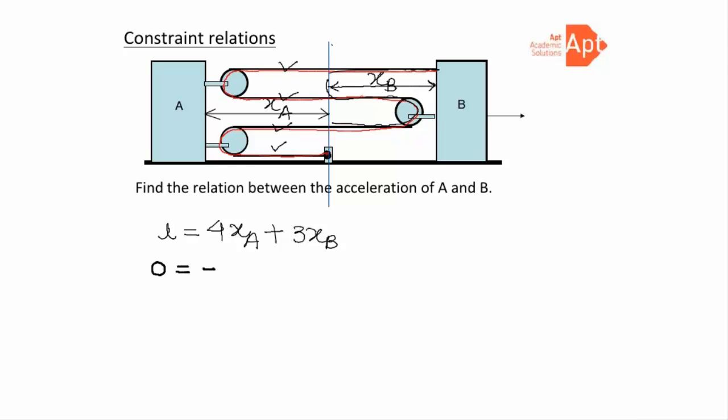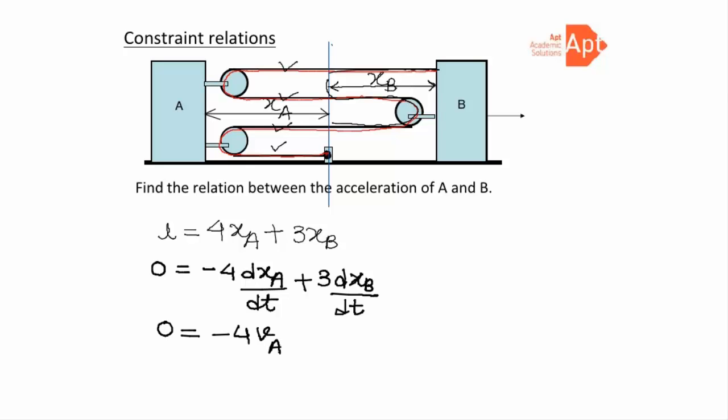So we write it as minus 4 dxa by dt plus 3 dxb by dt, or 0 is equal to minus 4 va plus 3 vb. Now once again if we differentiate, we get 3AB minus 4AA equal to 0, or the acceleration of B is equal to 4 by 3 AA.